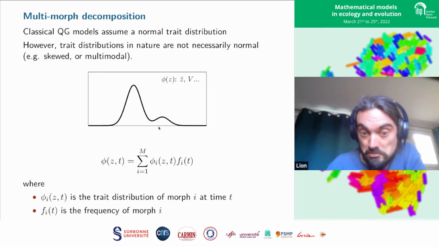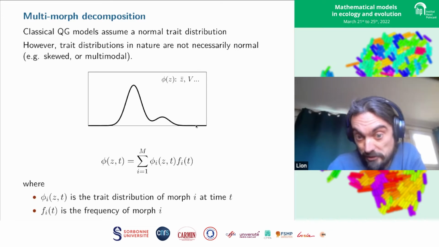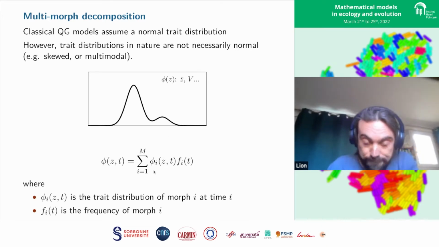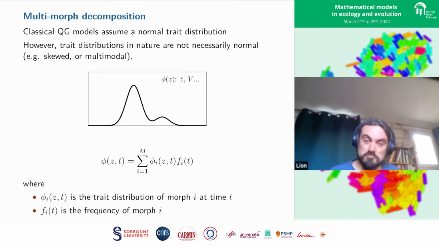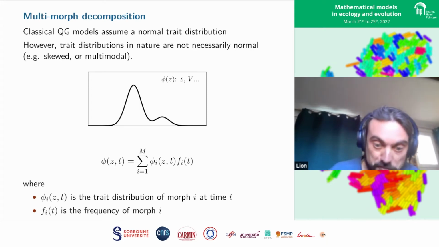We could also imagine a third morph here with zero frequency. But let's say that in this bimodal distribution we model it with two morphs. We write the distribution as the sum of morph distributions phi_i, weighted by the frequency of morph i. So the frequencies give us the heights of the different peaks in the distribution.